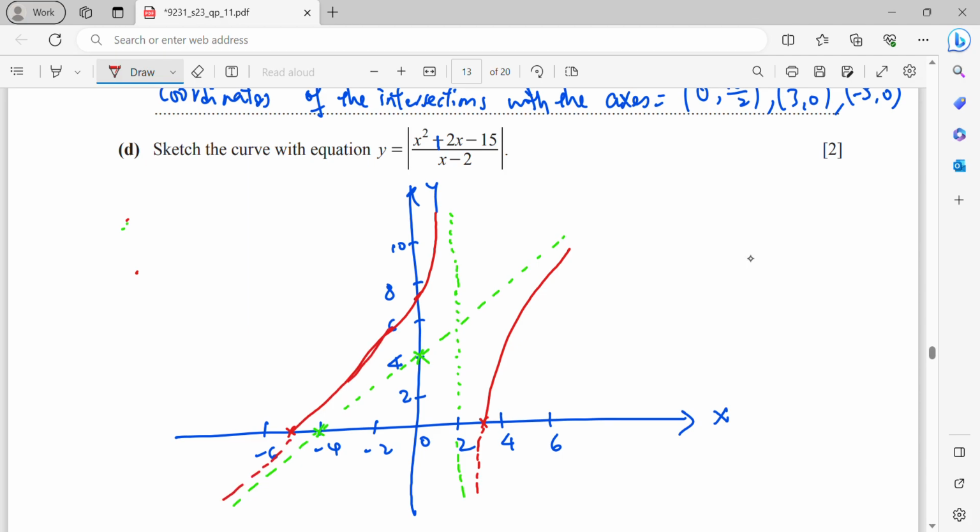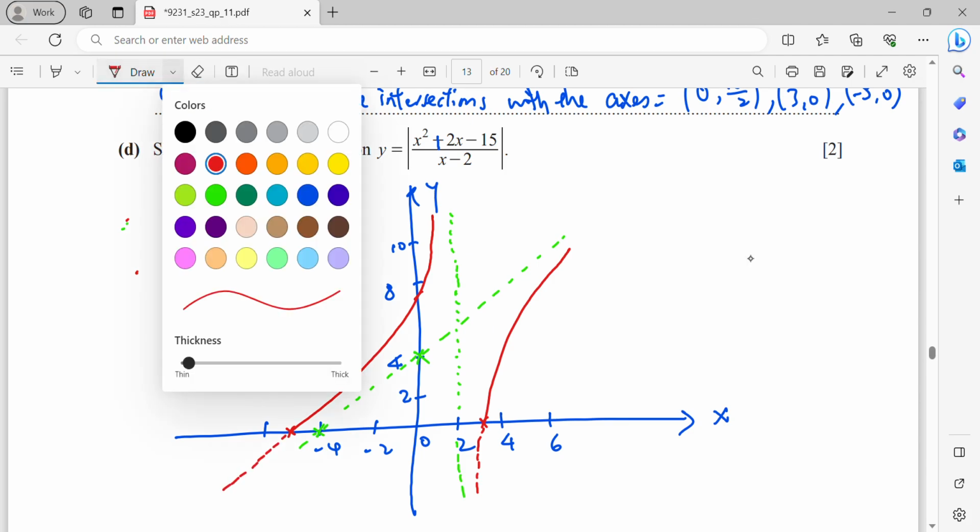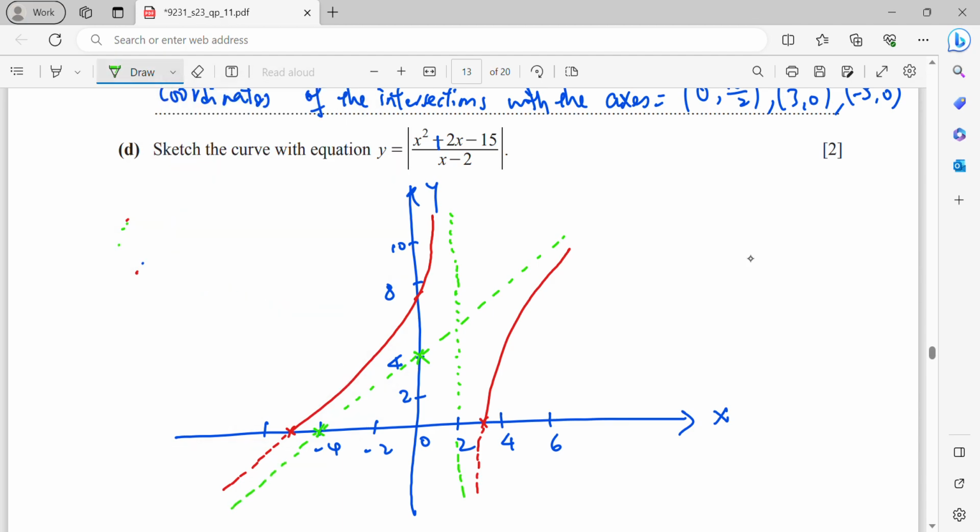So now, from here, I need to reflect all the negative values. So when I reflect, firstly I have to reflect the asymptote, the oblique asymptote, y equals x plus 4, which means now this will be reflected over here.